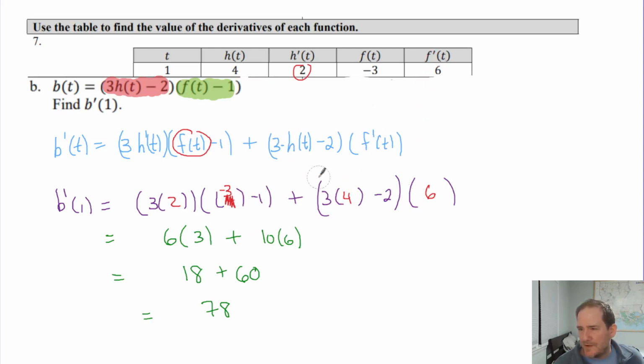And f prime is 6. So if I just tweak this now, then I'm still getting 6, but this is now -4. And the rest of that should be right. So instead of adding 18 to 60, I'm taking away 24, which does in fact leave us with 36, which we know is right.